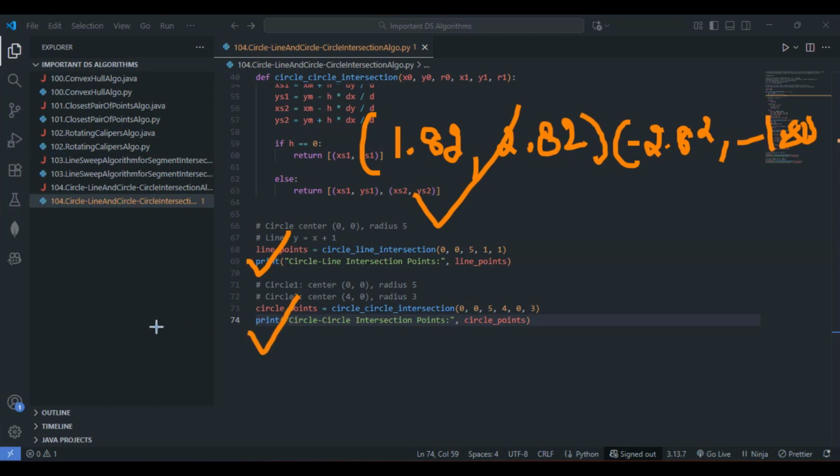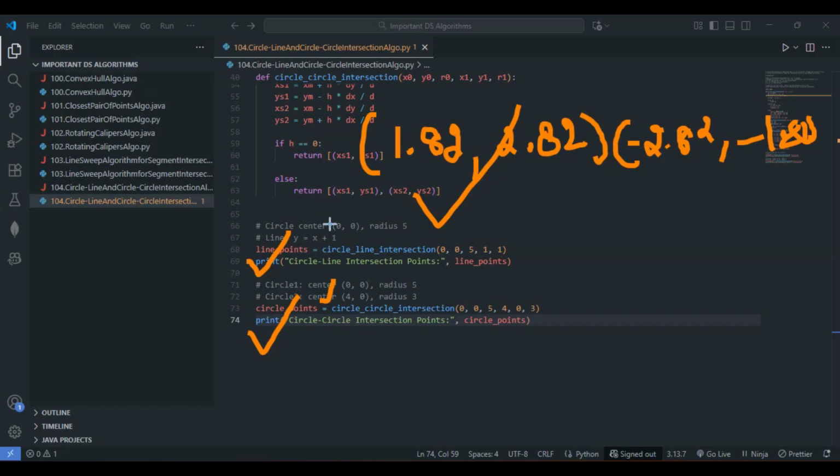For the second one, we have considered the circle circle intersection, right? We are going with the center 0, 0 and radius 5, and for the second circle the center 4, 0 and radius 3.